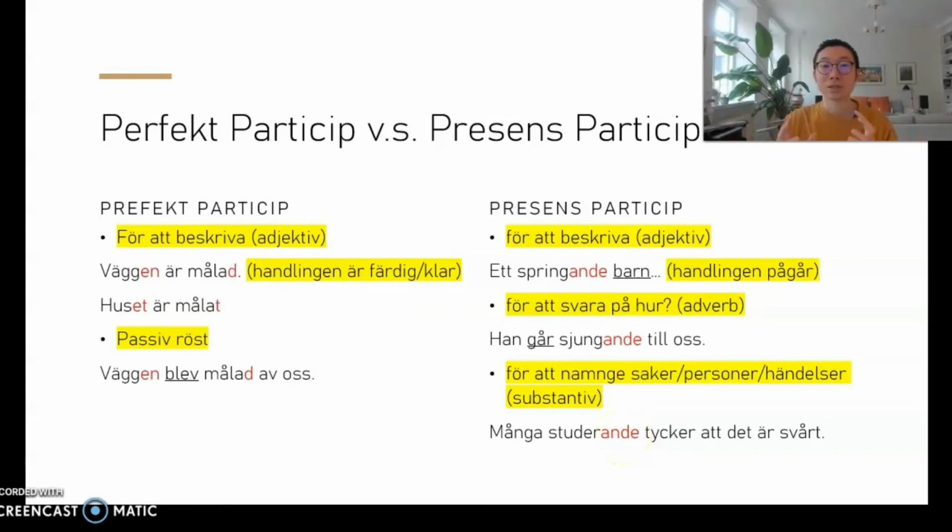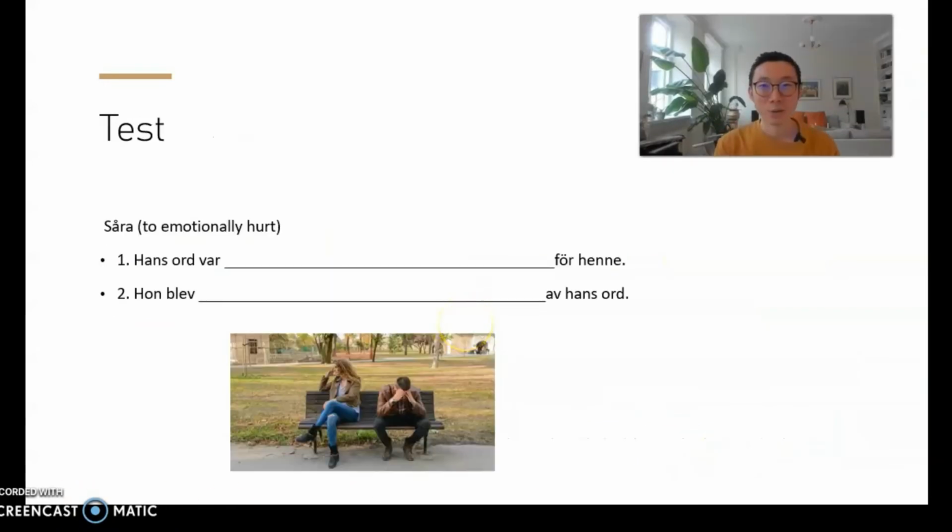You can say student, but this is another way to say student. So the sense is that they are studying. Many studying people think that it's difficult. Det är svårt.